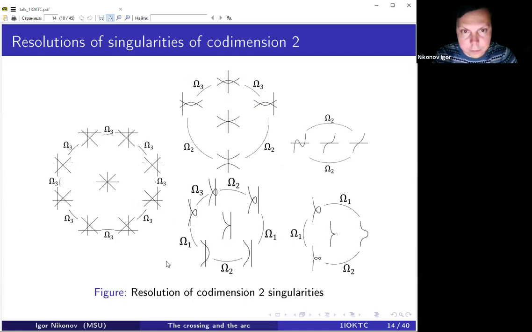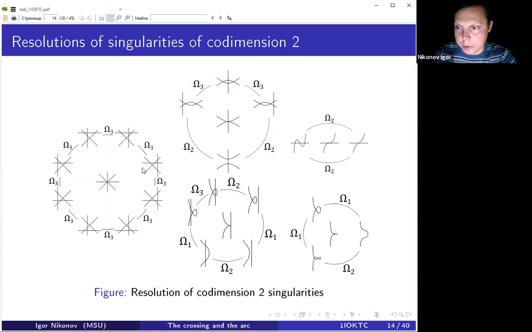There are 5 singularities of codimension 2, and the deformation of these singular points produces some cycles, some sequences of Reidemeister moves. For example, if we have a quadruple point, then we have this cycle of third Reidemeister moves, and we assume this cycle is equal to the identity.